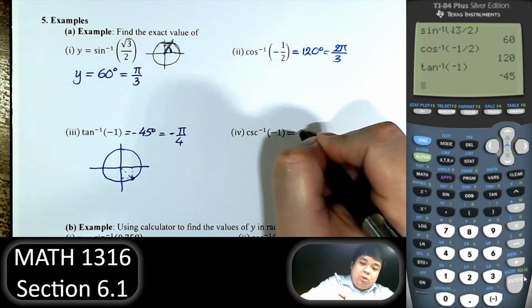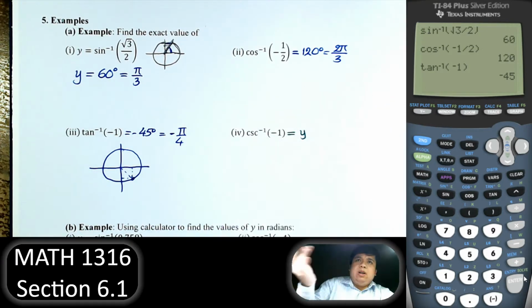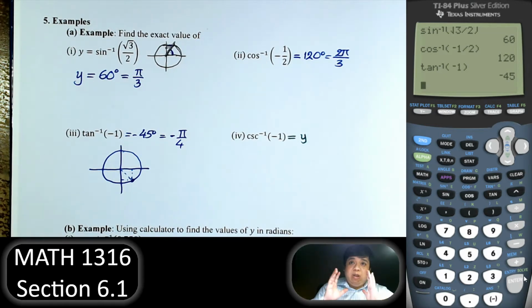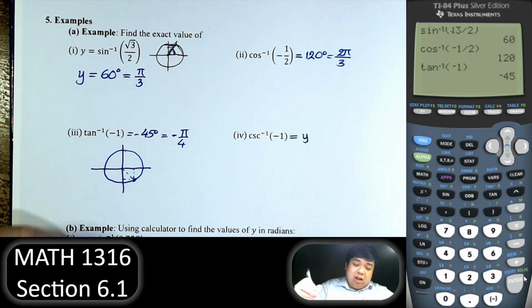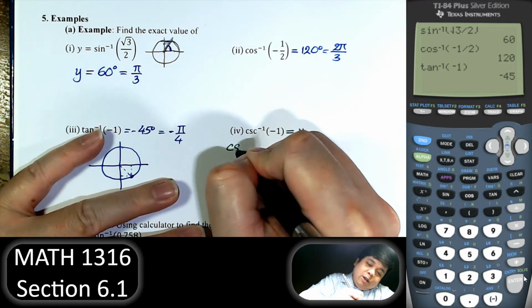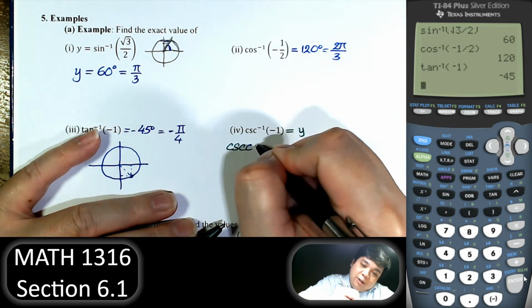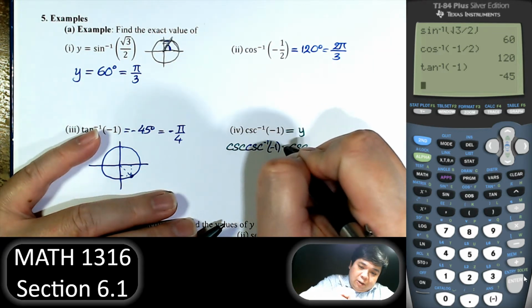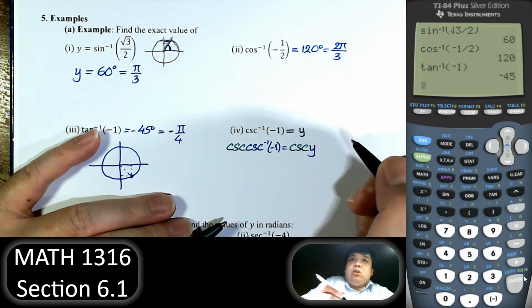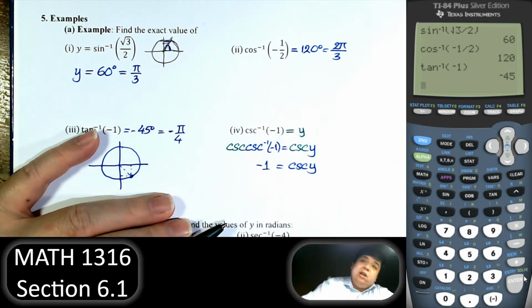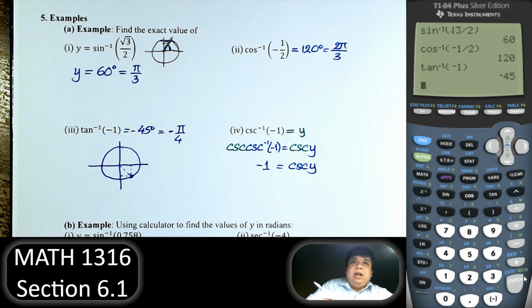Let's set it equal to y, for example, or an angle. By definition, if it is in the domain and range, which is very important, then we can take the function on both sides. The cosecant and cosecant inverse cancel out, and we have cosecant y equal to negative 1.